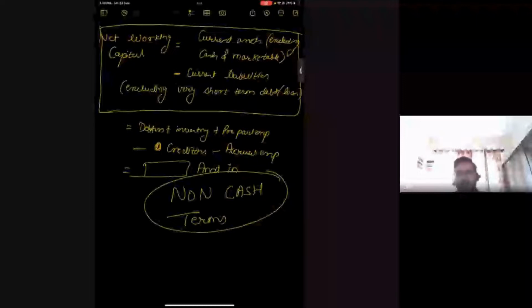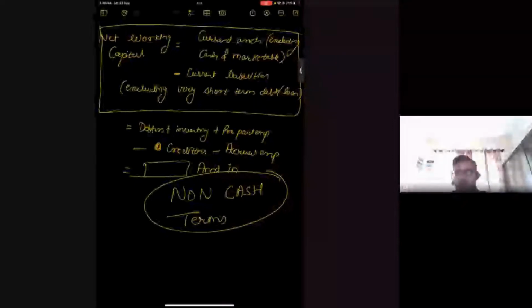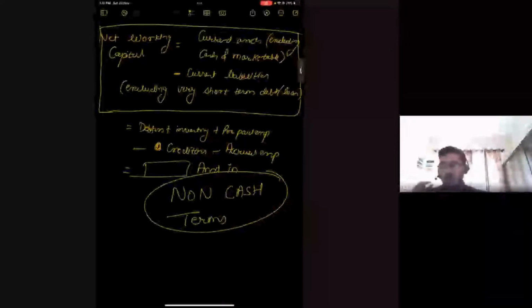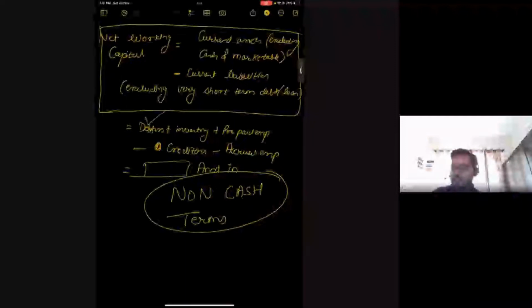So forget bank loans, forget what's there in your bank completely. Excluding things which are in the bank or payable to the bank, how much net working capital is stuck, which is to say, how much money is actually stuck in the business by way of debtors, inventory, and prepaid expense, minus creditors, accrued expense, and all of that.